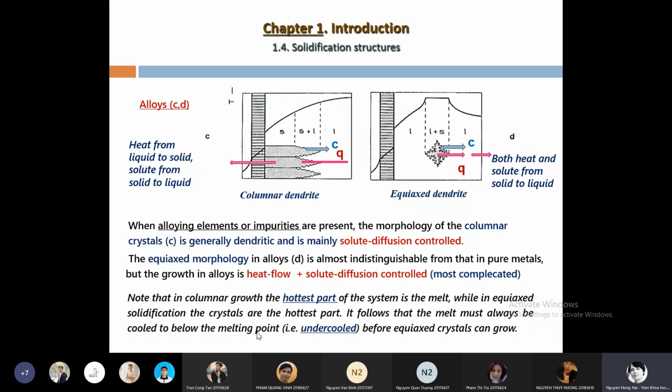And we can note that in the case of the columnar, the hottest part of the system is the melt, the liquid, and heat flows from liquid to solid to the mold. But in the case of the equiaxed solidification, the center has the highest temperature.